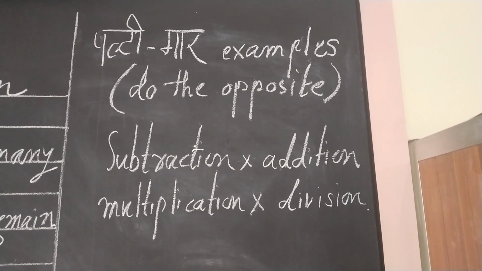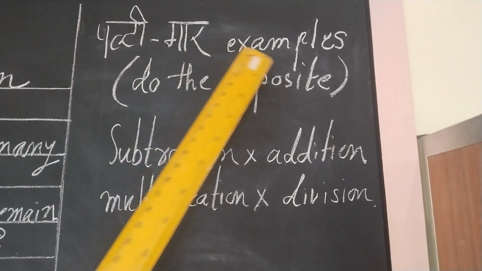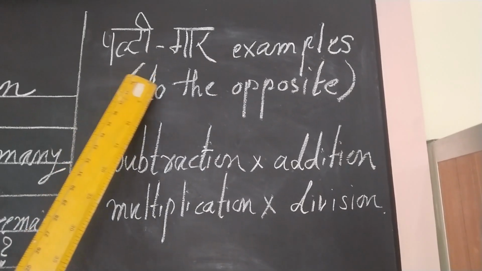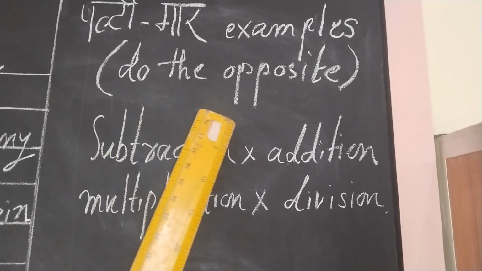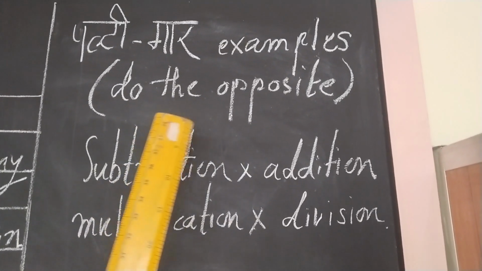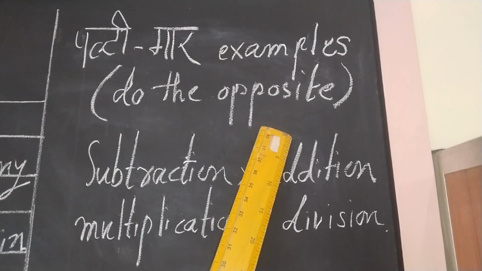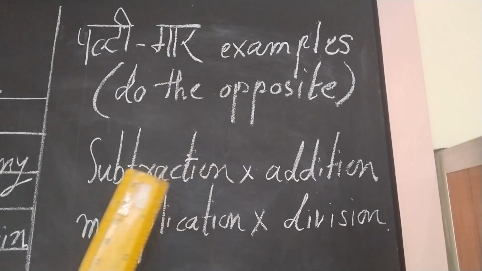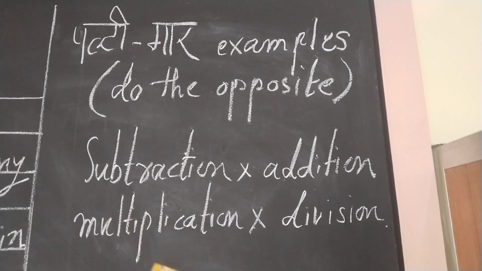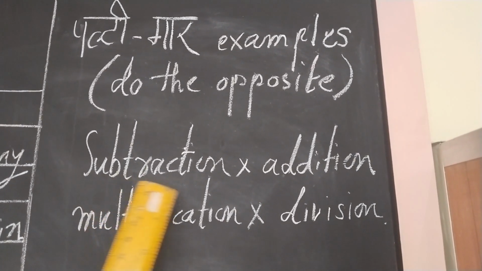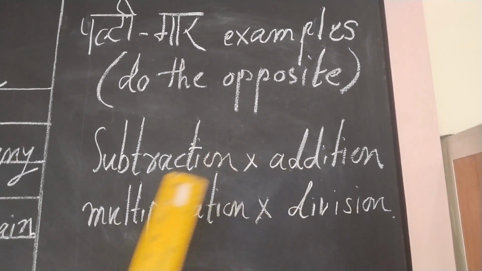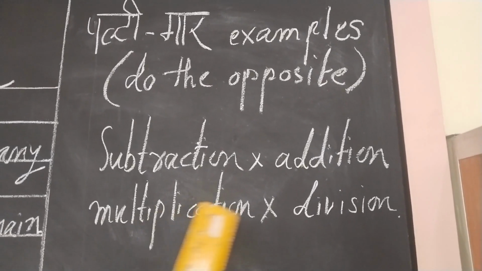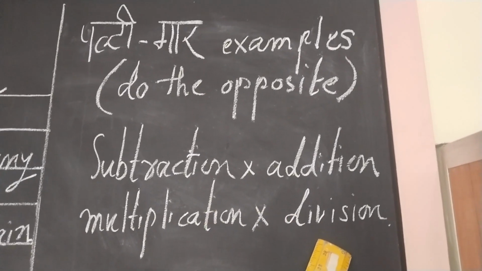We are going to take Multimar examples. Multimar means they are asking you to do something, but you have to do the exact opposite of it. We know that in maths, subtraction is the antonym of addition and multiplication is the antonym of division.